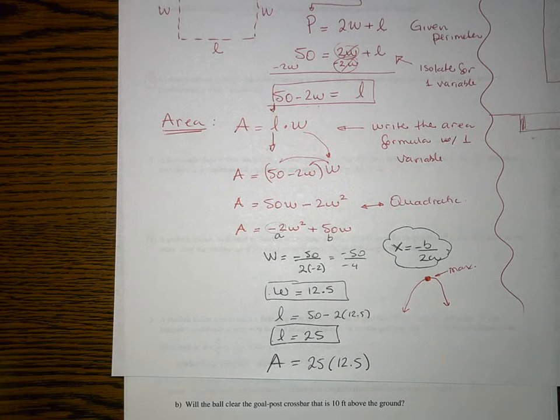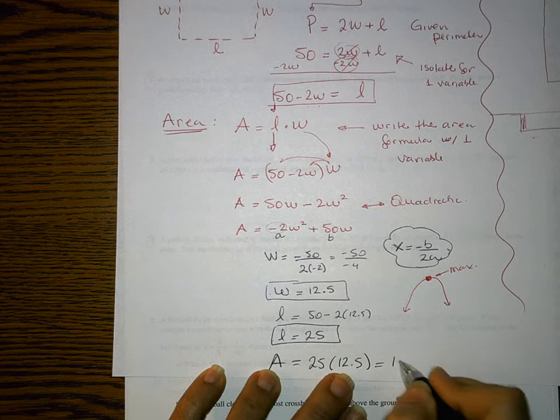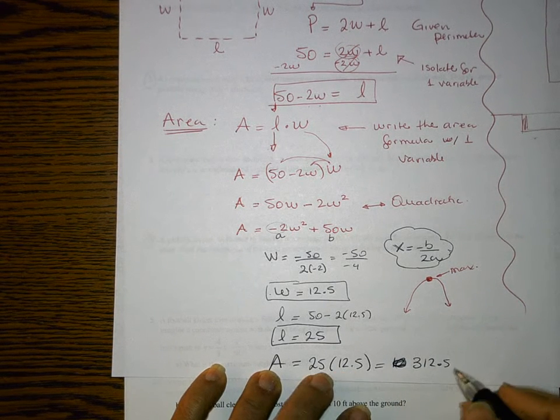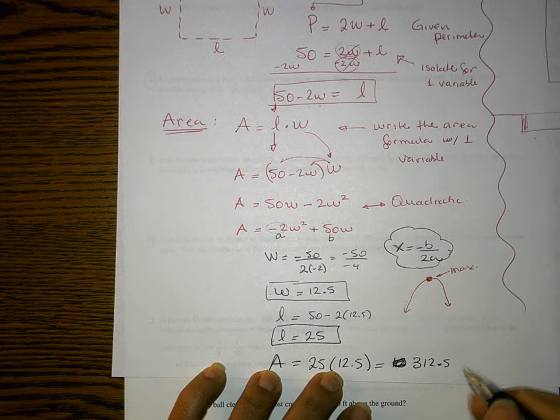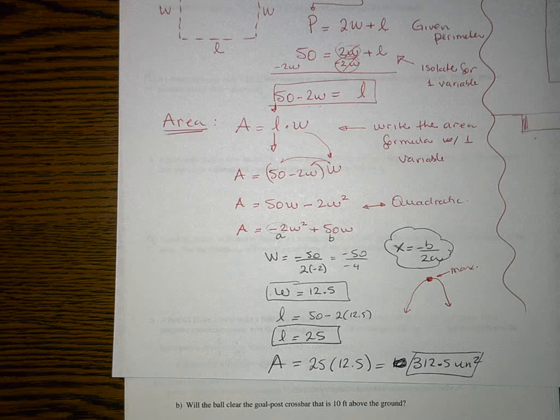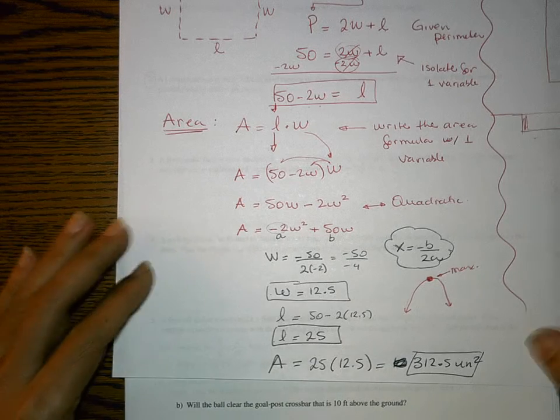If you want to do that in your calculator, oops, let me do this right, 25 times 12.5 gives me 312.5. 312.5 units squared for the area. That would be the area of our pen here.